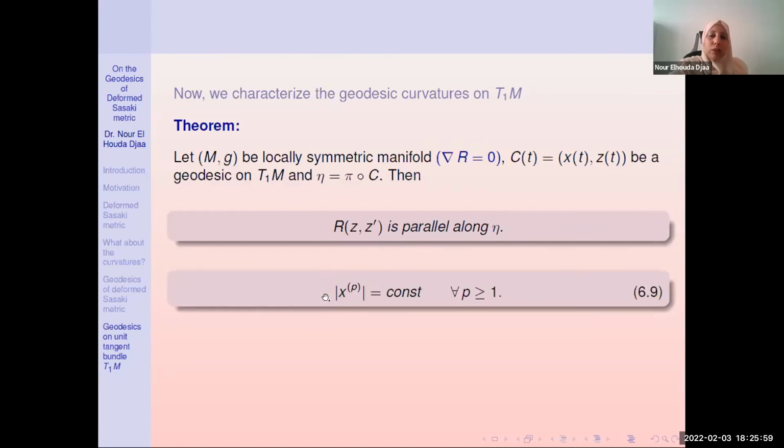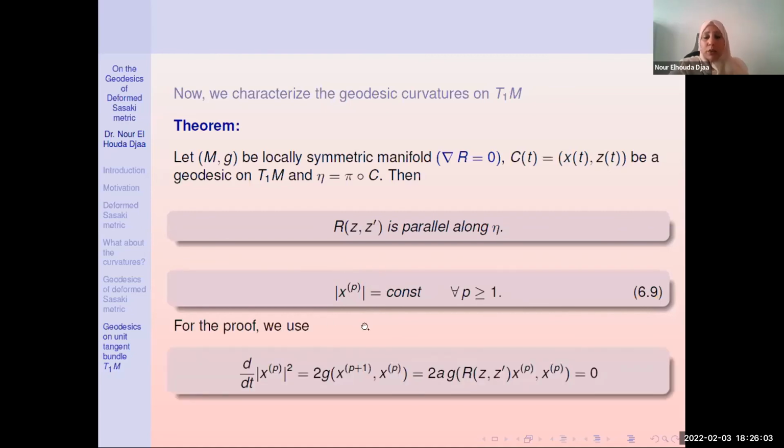Also, we have the norm of x point is a constant. For the proof, of course, we derive the norm of x point squared, equal to g of nabla x point x point and x point, which equals R z z prime x point. Switching these two components right here, we found 0.